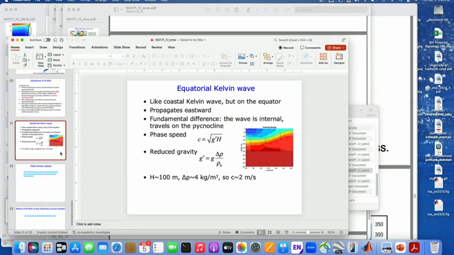C squared equals G delta rho over rho 0. Okay, so that's what I suggested in class. And we just found this C to be 2 meters per second. And you know G, so you should be able to figure out what this is.